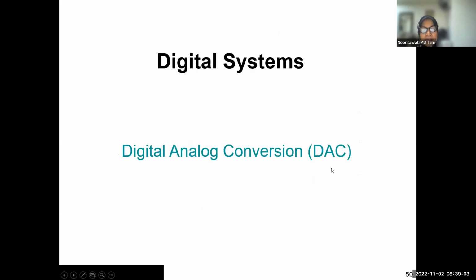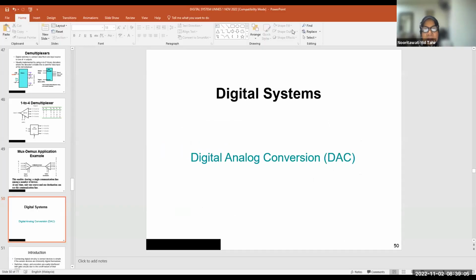Now we are going to the digital to analog converter. How is it? The multiplexer so far, so that we can proceed to the analog to digital converter.